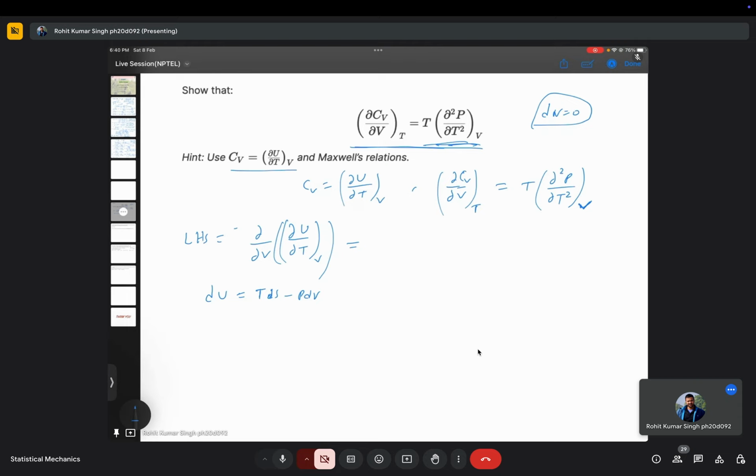This is the first law of thermodynamics, and you can write this from here.